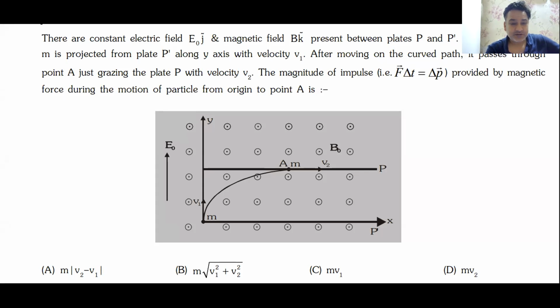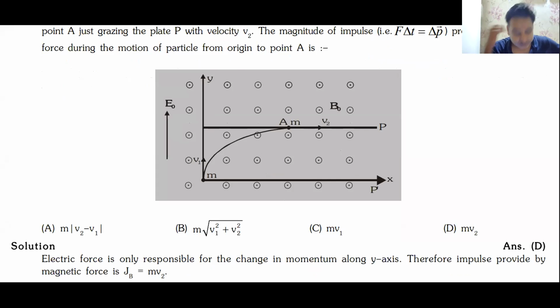So what is the answer to this one? Remember, and I told you that many a times, impulse is the change in momentum. Yes or no? Now, what is the change in momentum? The final momentum is m v2 i along the x-axis, the initial momentum is m v1 j hat.